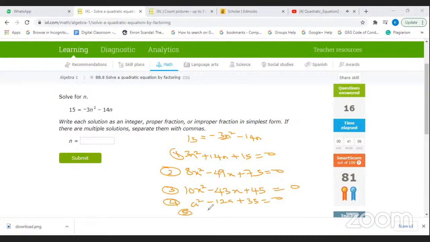Number 5, I have 5x squared minus 9x minus 2 equals 0. So those are the 5 questions that I want you to try to go over. I want to believe that there's no other question.